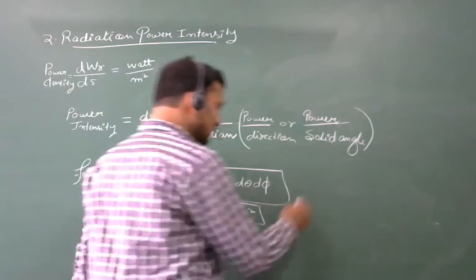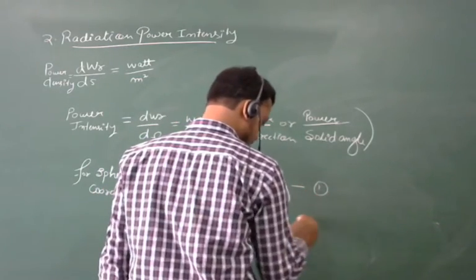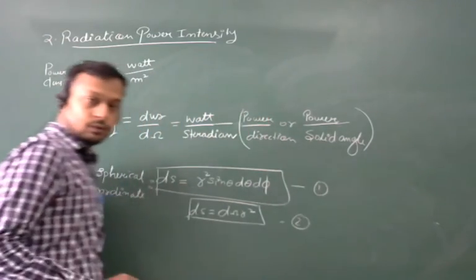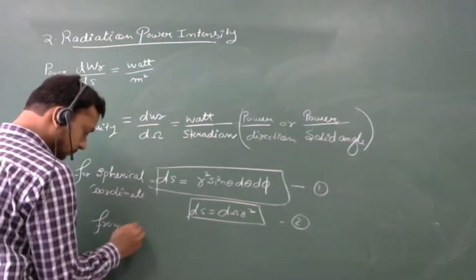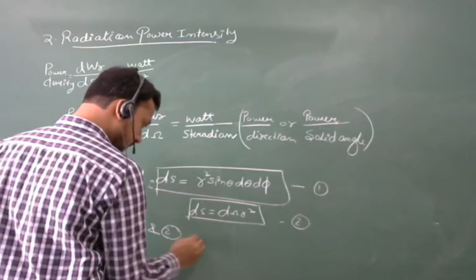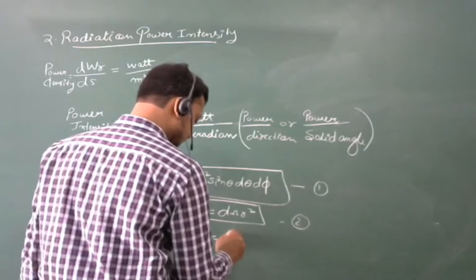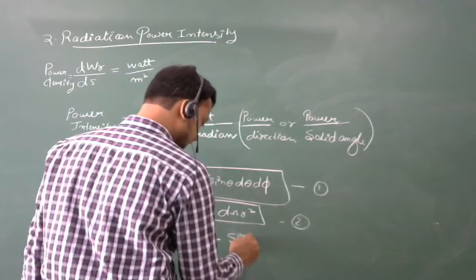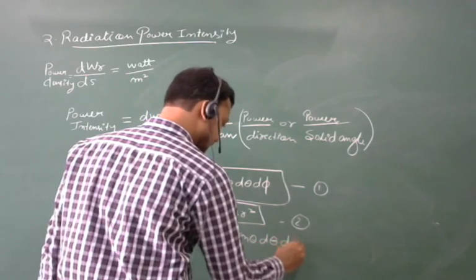So from 1 and 2, this solid angle d sigma is equal to sine theta d theta d phi.